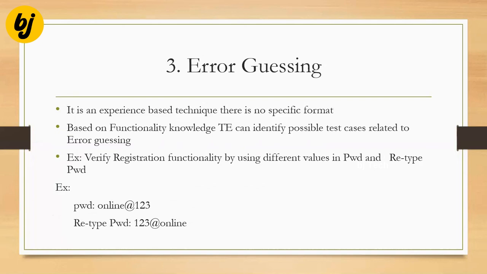So even though the data is matching, it should not be accepted. Why should it not accept? Because the retype password should be the same value. This type of thing you can check with the help of error guessing.